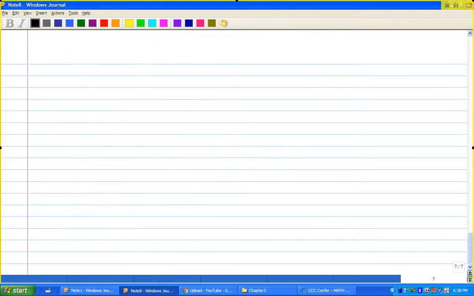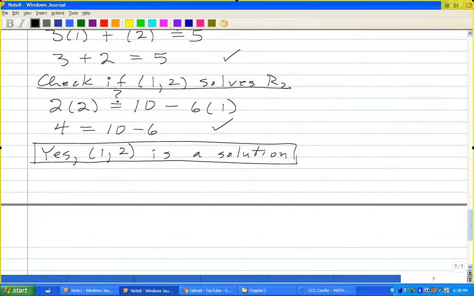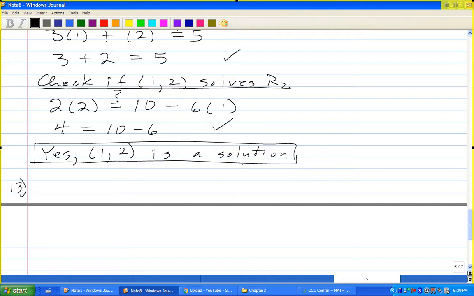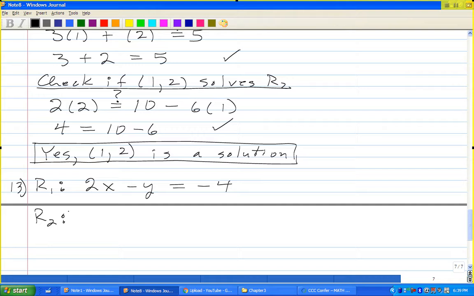Let me do problem number 13. R1: 2x minus y equals negative 4. Second equation: 2x minus y equals 1.